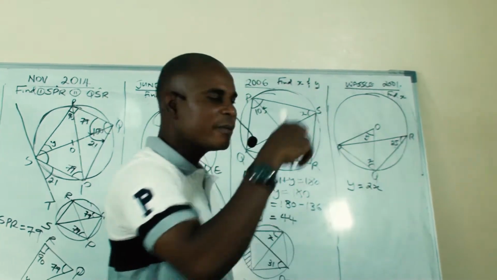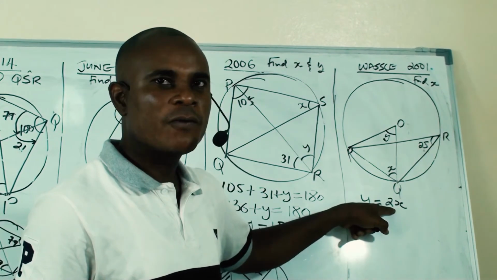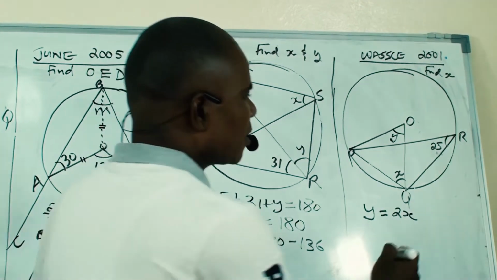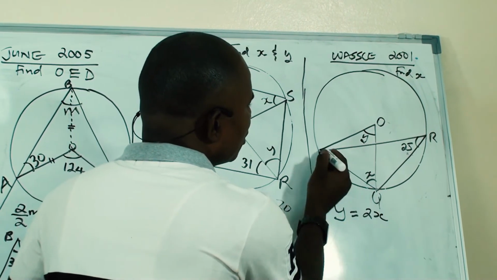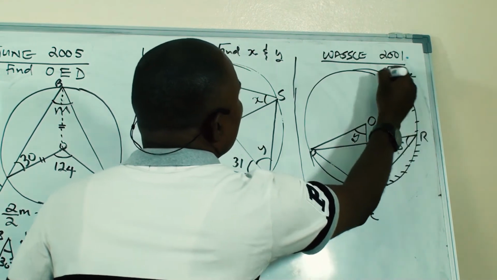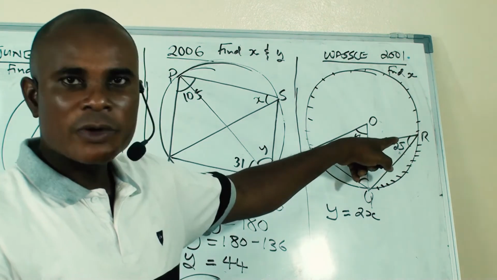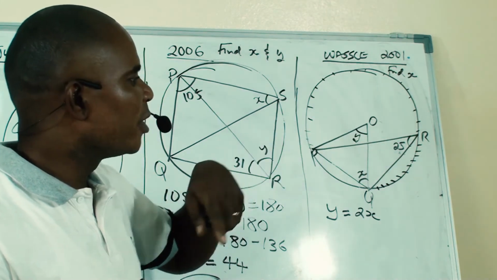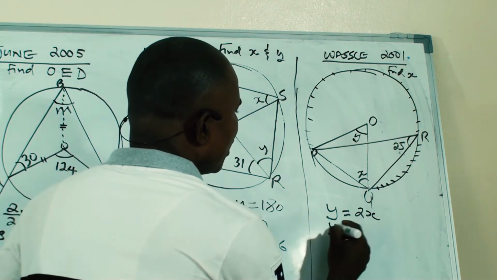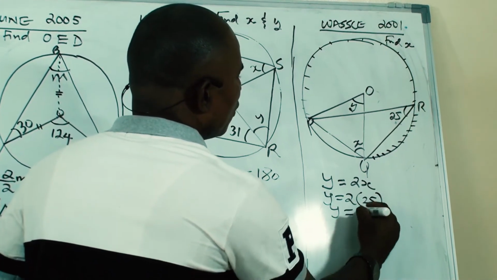Remember the first theorem: the angle which the arc of a circle sustains at the center is twice any other angle formed on the remaining part of the circumference. And as far as this chord is concerned, the remaining part of the circumference is all of this there up to here. They're all part of the remaining part. So that angle 25 is formed on the remaining part of the circumference. So therefore y is equal to twice 25. So y must be equal to 50.